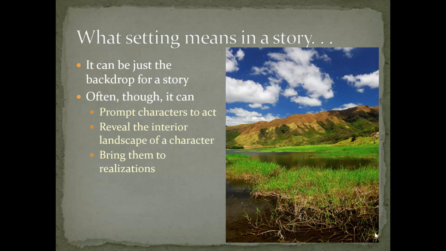It can include the landscape, and sometimes it's just the backdrop. Sometimes it doesn't mean a lot, but a lot of times it gives you information about the characters, their motivations, their personalities, what drives them, and it can reveal something about their interior thoughts.